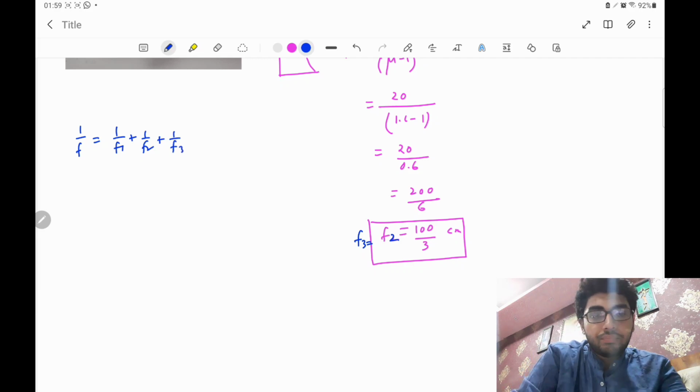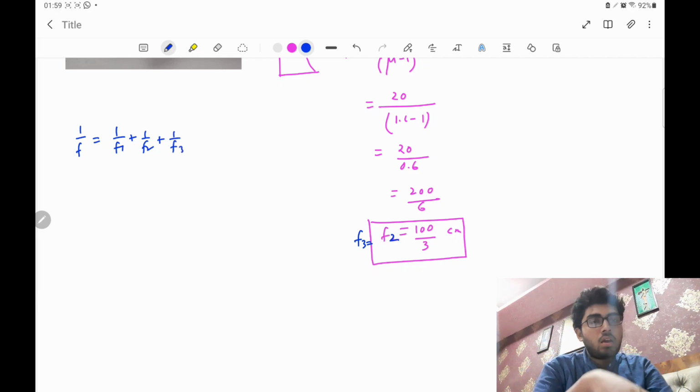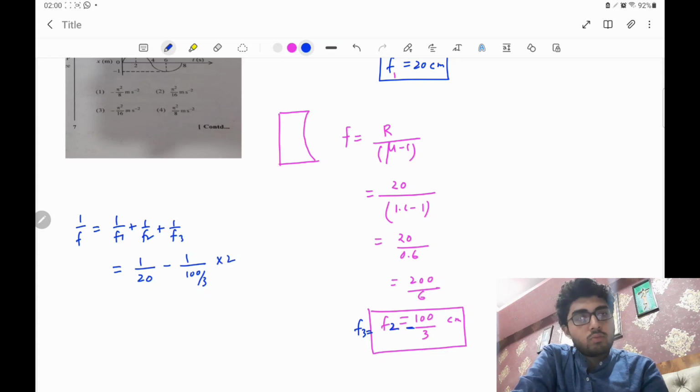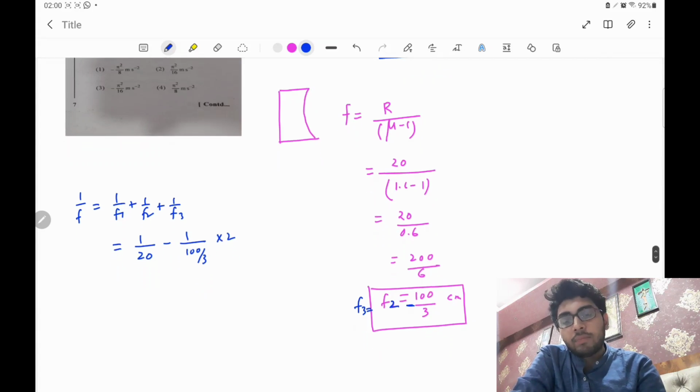Now just putting the values, 1 by f1 is 1 by 20, but for the plano-concave lens the focal length is always negative, so this is minus 1 by 100 by 3 multiplied by 2, because f2 and f3 are the same. Then it comes out to be 1 by 20 minus 6 by 100.